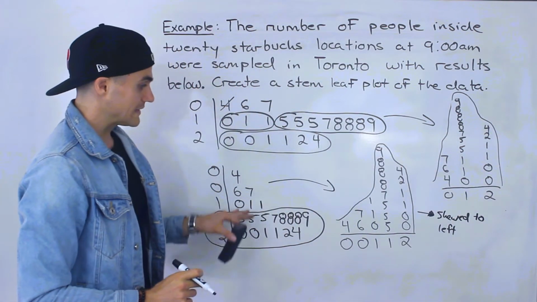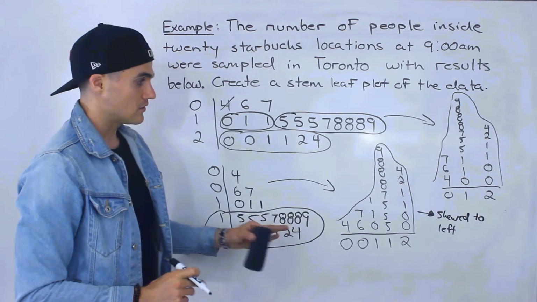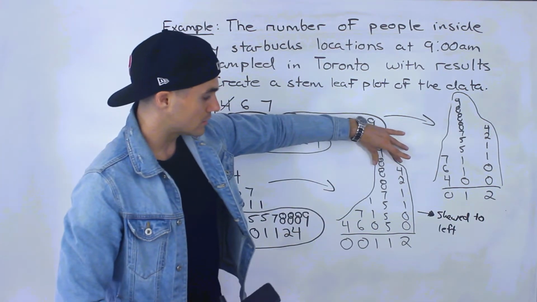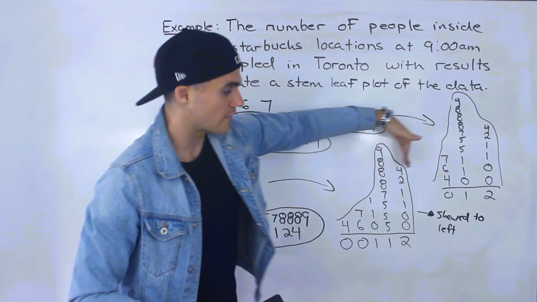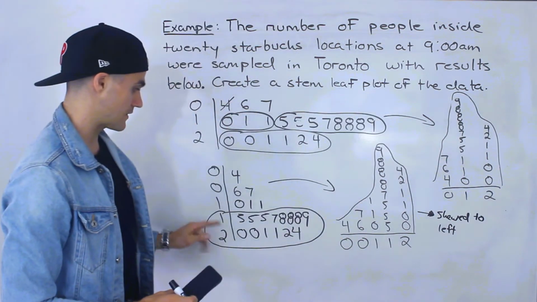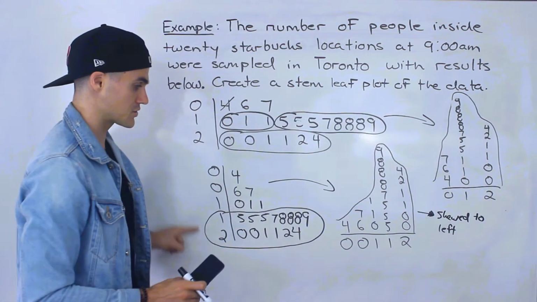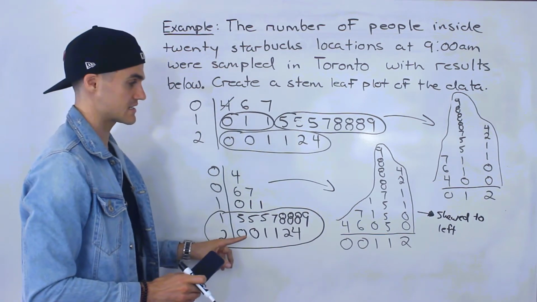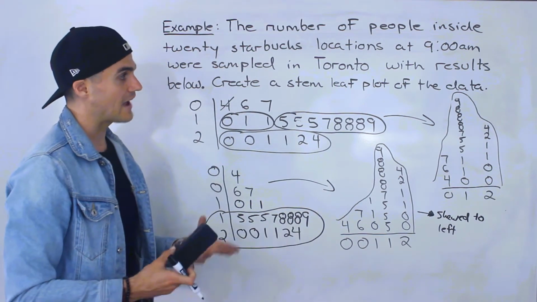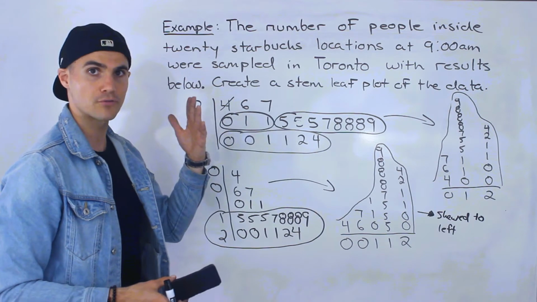Right? So when you look at the actual data in detail, there's more data clustered on that right side. That's the same thing as more data being clustered here at the bottom of the stem leaf plot. And it makes sense if you think about the scenario.